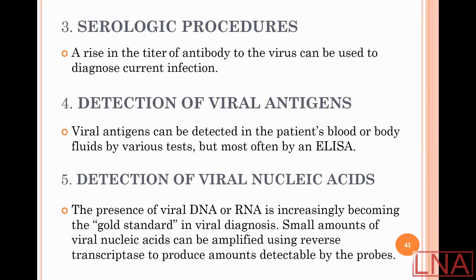technologies, and we will detect DNA or RNA of the virus inside the specimen. If we did, it means it's a viral infection. And that's why it's becoming the gold standard of viral diagnosis.